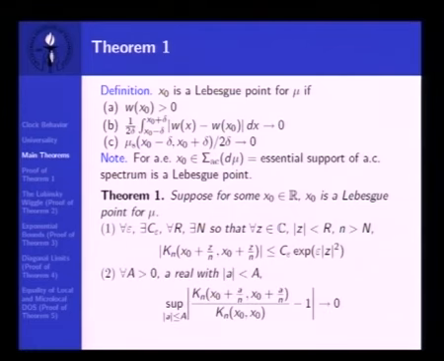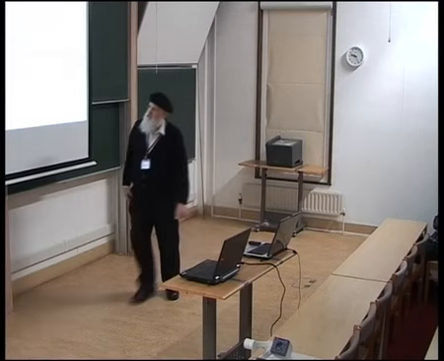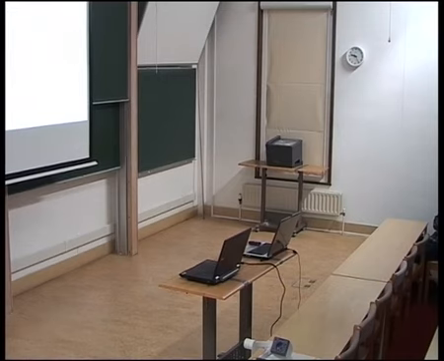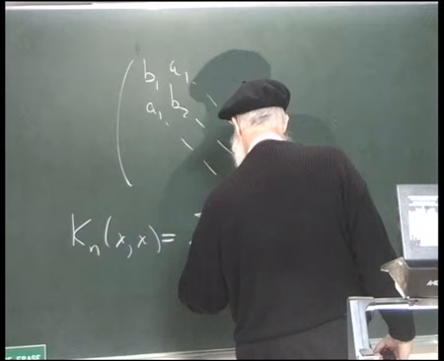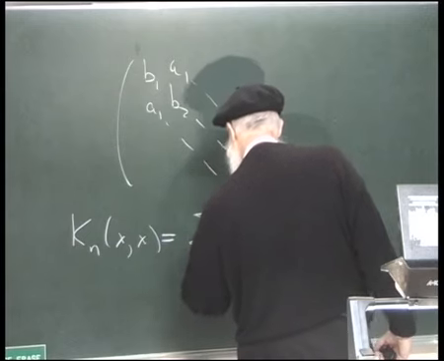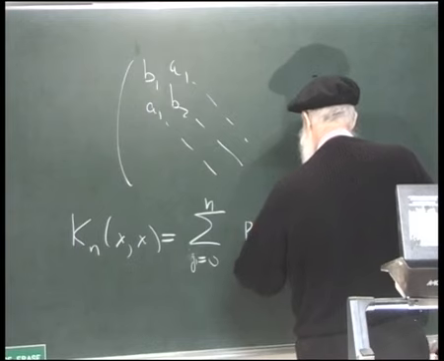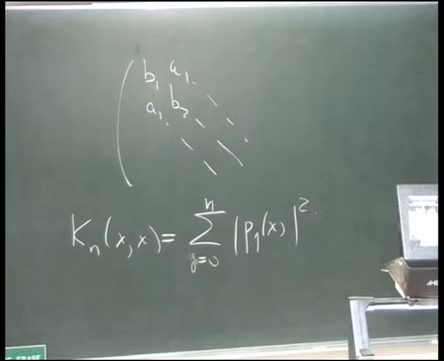The second condition says if you take this diagonal, so let me perhaps remind you what this Kn is. I'll write it for the case where the arguments are equal.